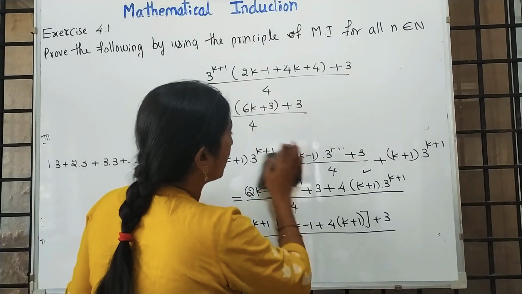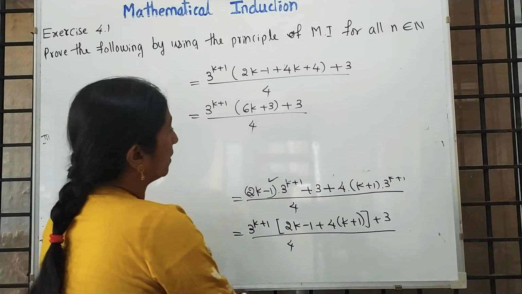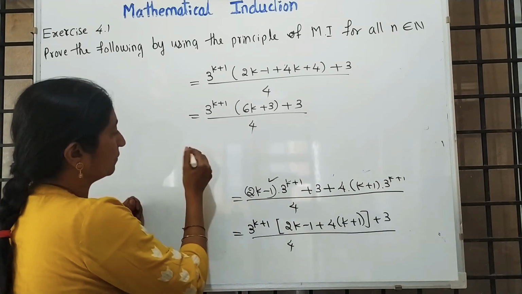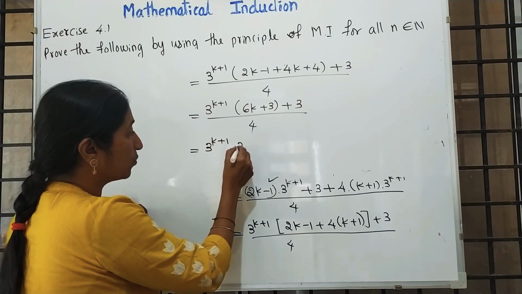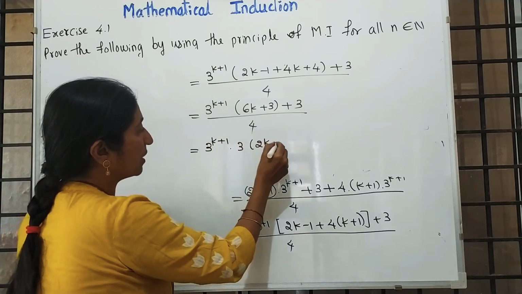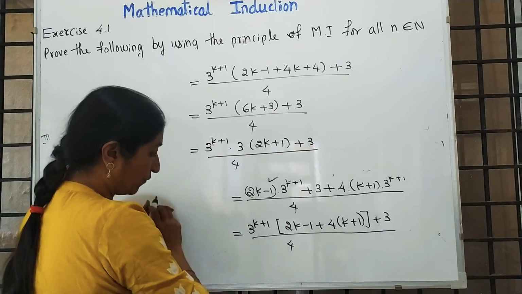So, what we can take common in the bracket? We can take 3 common in the bracket. 3 raised to k plus 1 into 3, 3 2s are 6, 3 1s are plus 3 divided by 4.